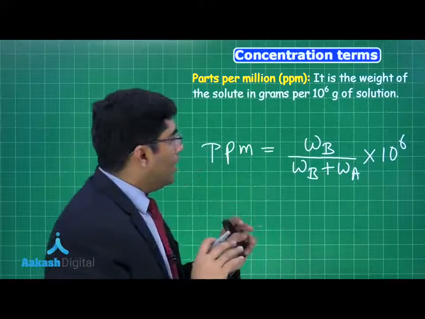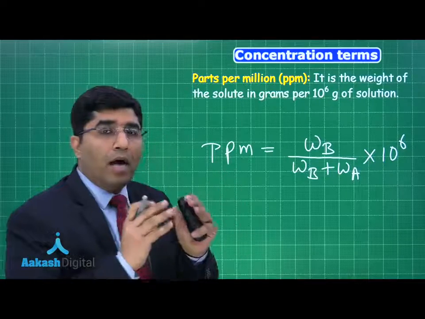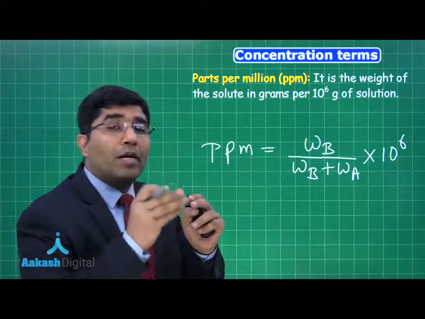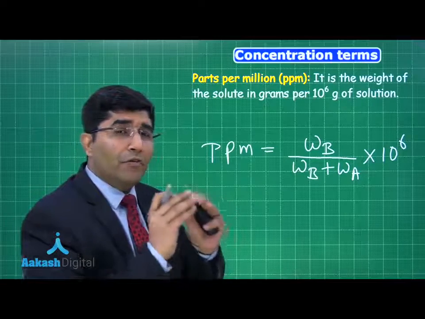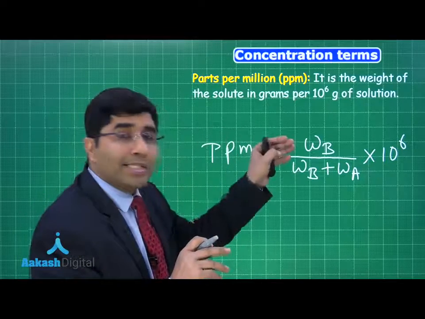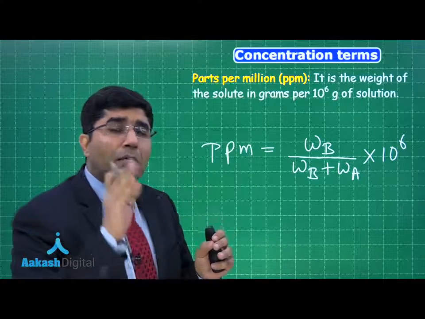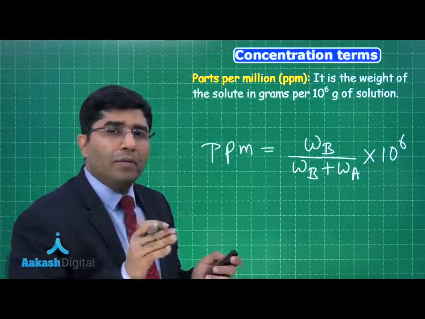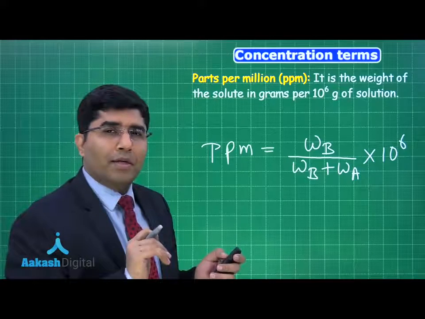What does it mean? If we find the weight out of 100 grams of the solution, that will be weight by weight percentage. And if we are finding the weight of the solute from 10 to the power 6 grams of the solution, that will be parts per million. And parts per million is used when the concentration is very, very low.